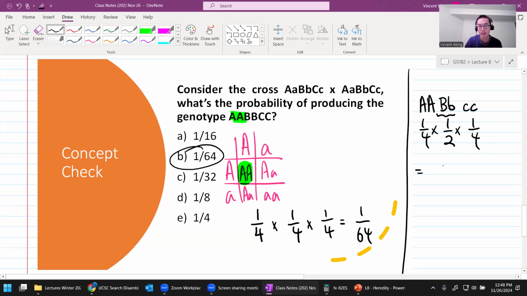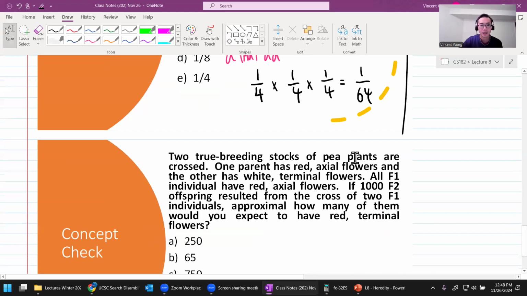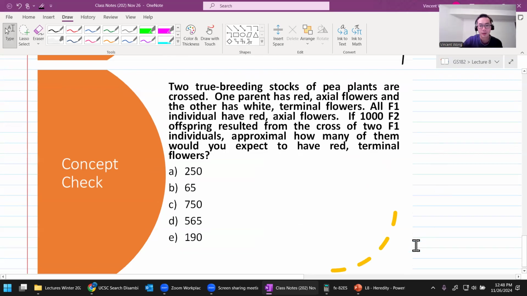So if you multiply these together, it is going to be 1/32. If you reduce 2/64, you get 1/32. So that's how you do it. Yeah, 2/4 is fine. 2/4 is the same as 1/2, right? Yeah. All right.